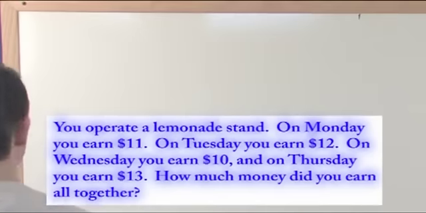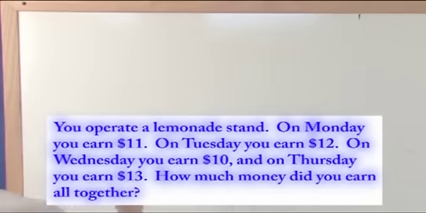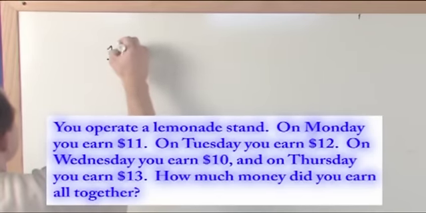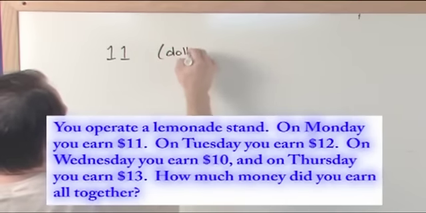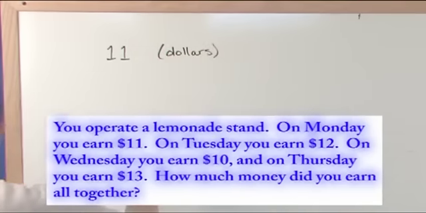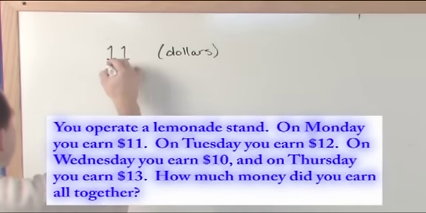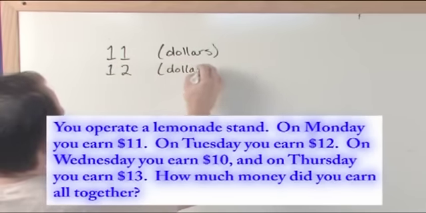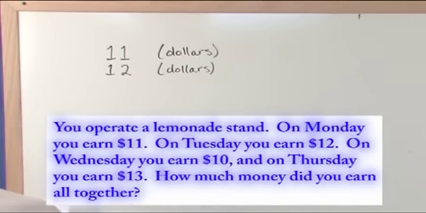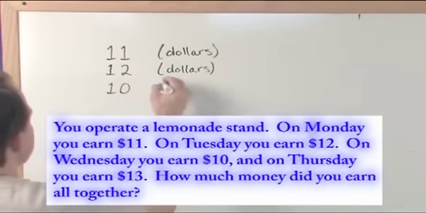Okay, so let's do that. On Monday, you earned 11 what? You earned $11, so I'm going to write it down over here, just so you remember. On Tuesday, you earned 12, again, dollars. So I'm going to write a note to myself. On Wednesday, you earned $10.